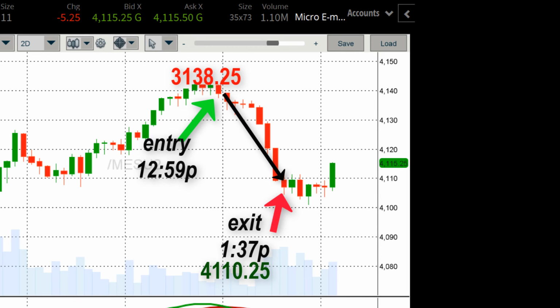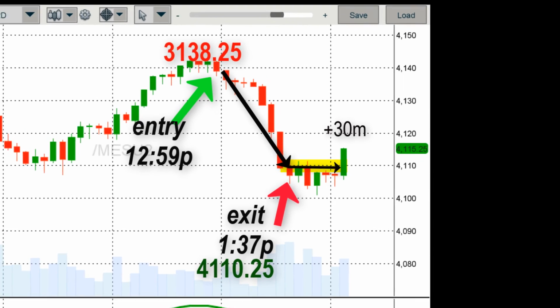Now see the red arrow? That's where I exited the trade. Now if you count the 5-minute wide candlesticks, 1, 2, 3, 4, 5, 6, you will see that 30 minutes later, the price was the same as the price where I exited at 41.10, where the arrow is.